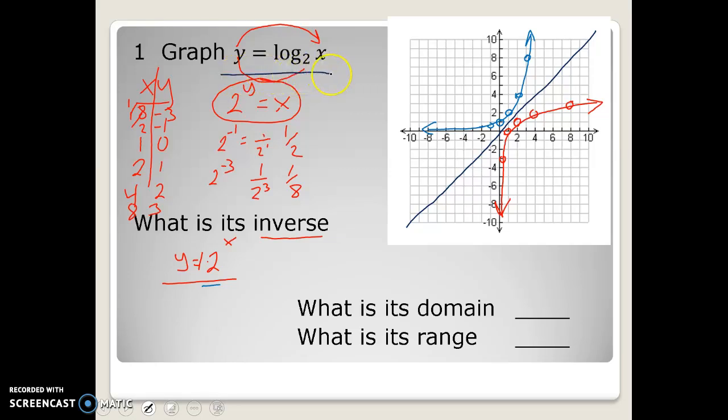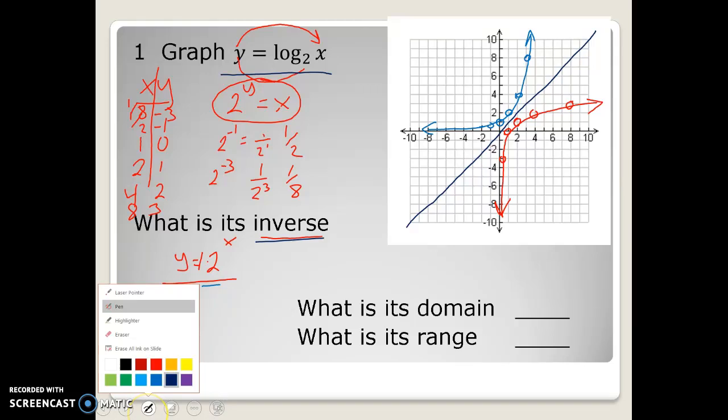Logarithmic functions are inverses of exponential functions. That's going to be key to what we're going to be talking about in a few days when we're solving exponential functions. What is the domain? Remember, we're talking about the original graph that's in red. The domain is all the x values that are greater than 0.